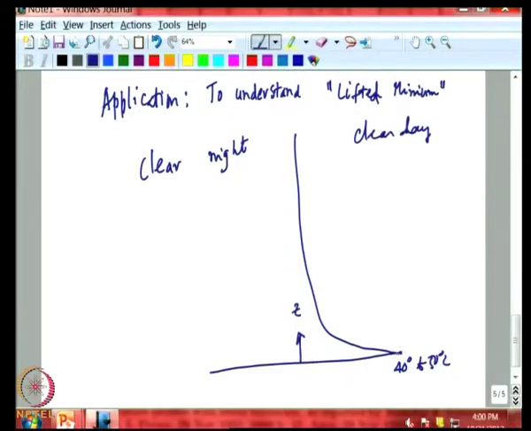But as soon as the sun sets and the air is clear, the temperature of the ground starts falling rapidly, and the ground is a good emitter. So, it will cool rapidly. Air is a poor emitter, and hence very soon the temperature of the ground will be much lower than the air.